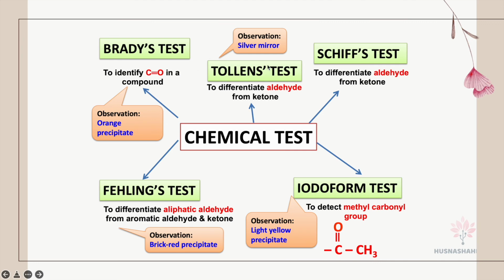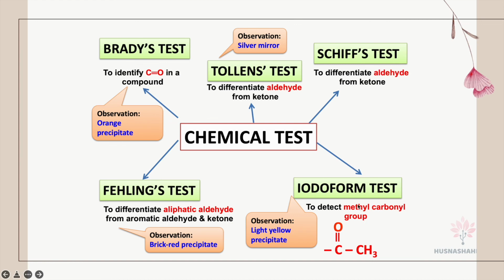Then Tollens' test only detects aldehyde, with the observation of a silver mirror. Schiff's test also detects aldehyde, like Tollens' test.